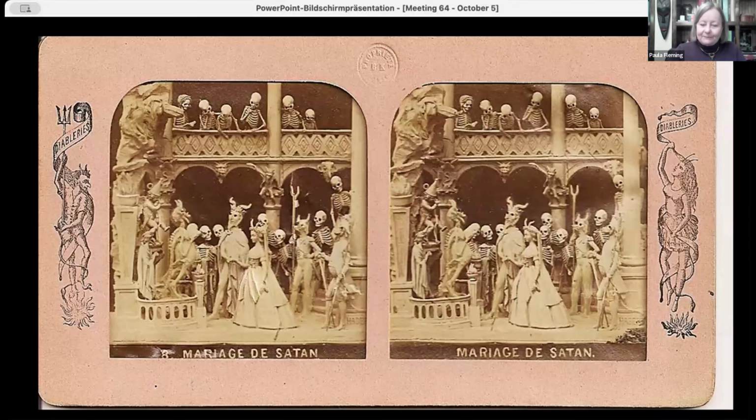The next slide, however, is obvious. This was made in 1859, copyrighted in 1860. It's The Marriage of the Devil, and it refers to two marriages. The first is Napoleon's own marriage in 1853. And at the time, he was 18 years older than his bride, Eugenie, who was a loose woman.